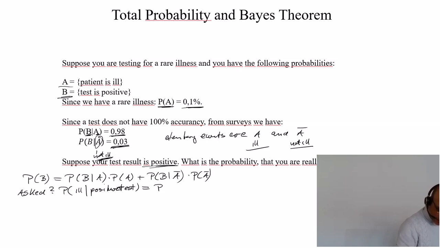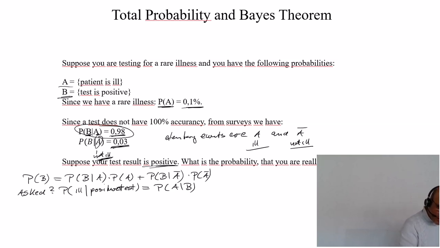So this is P of A conditional on B, the other way around. We look at our test, and while it is positive, do I really am ill?